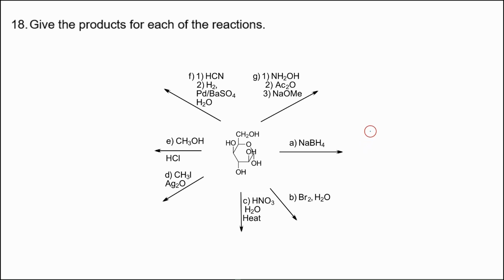All right, here we're going to do our reactions. Sodium borohydride. We're going to get the alcohol at the top. That one's up at 2. 3 is down. 4 is up.